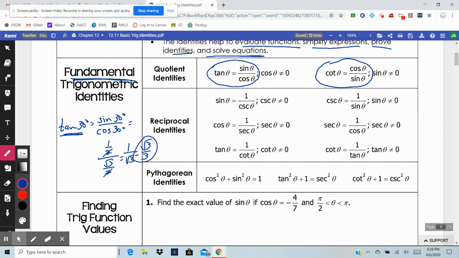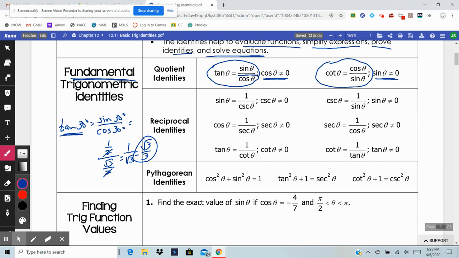Then you have your reciprocal identities. Oh, by the way, notice that they've tacked on that cosine can't be 0, sine can't be 0. Well, we know that we can't divide by 0, so that's the reason. This will only work if we're sure that cosine isn't 0 here. So we can't use this to find the tangent of 0, because the tangent of 0 would be the sine of 0 over the cosine of 0.